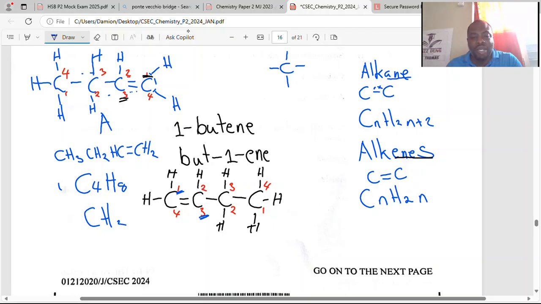So if you have a branch somewhere here, a methyl group, the double bond will get the preference. So you still number in such a way that the double bond is on the lowest carbon, because the double bond, the functional group, is very important. That's where the action of reactions will take place. So it is in the spotlight.